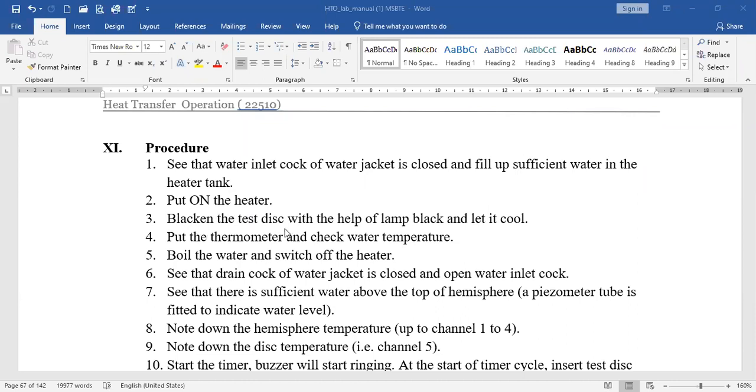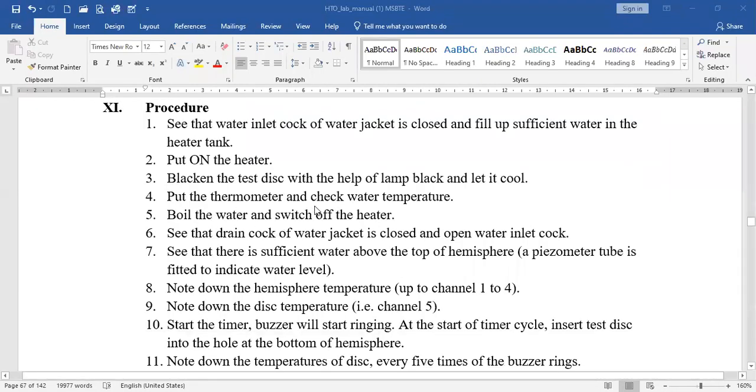Then blacken the test disc with the help of lamp black and let it cool. Nowadays this test plate or test disc is already blackened. Put the thermometer and check the water temperature.